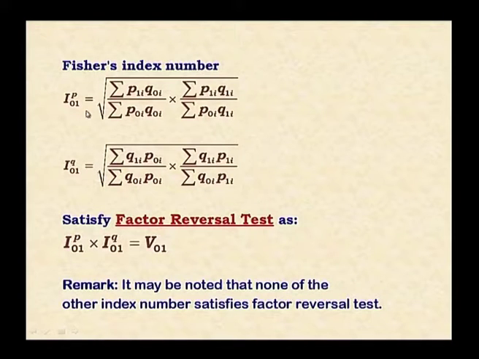So, if we multiply this I01P and I01Q, then this will give me the value index.